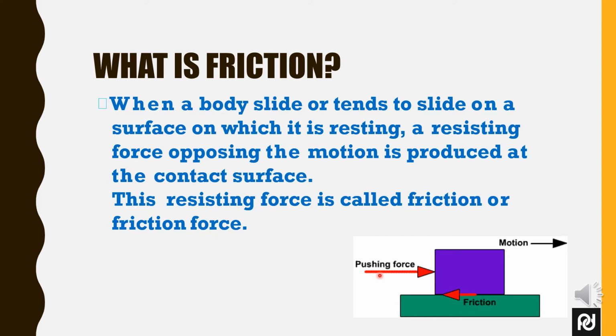As you can observe over here, the pushing force is towards the right hand side, so the motion will also be towards the right hand side, right? But the friction, as you can see, will be acting in the opposite direction, and that's the reason when you are rolling a ball on a surface, it tends to stop after a certain distance covered because of friction.